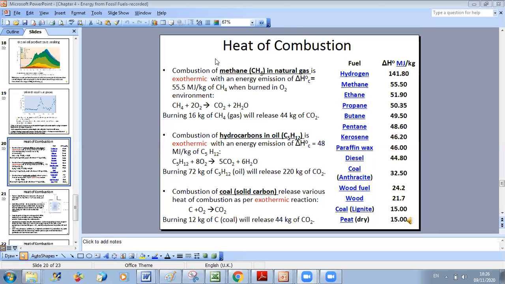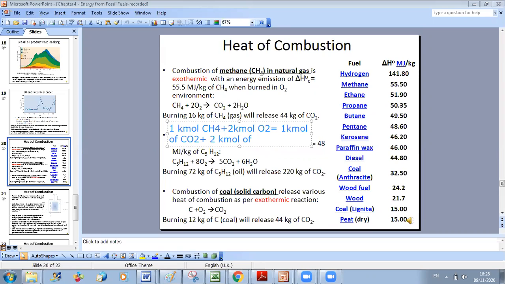We can write from this equation that 1 kilomole of CH4 requires 2 kilomoles of O2 and will give me 1 kilomole of CO2 plus 2 kilomoles of H2O.